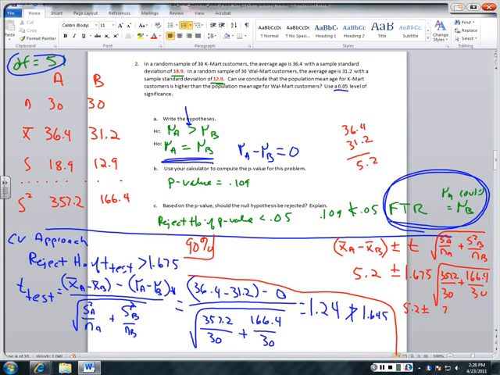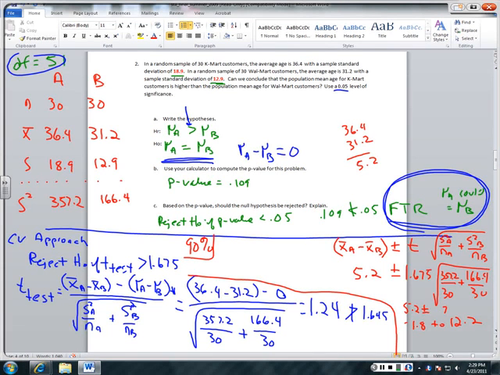Checking here, I'm going to check this. So I'd get that by subtracting and adding to be about minus 1.8 to about 12.2.